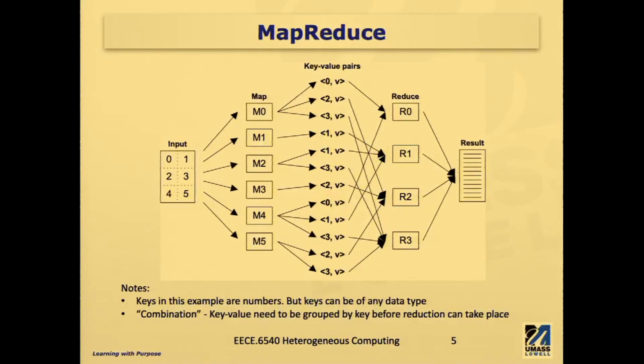Now the combining could be, for example, what we're doing here is we send the key value pair. If the key is 0, we send that key value pair to R0. And if the key is 1, we're going to send the key value pairs to R1, and so on. So you have one reduction processor or computer that handles one keyword.